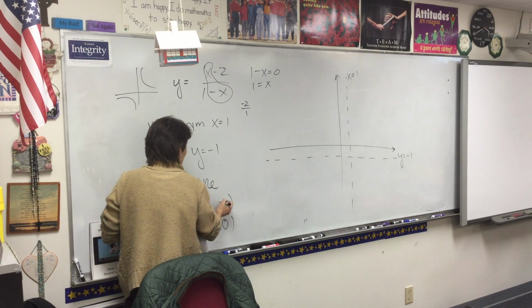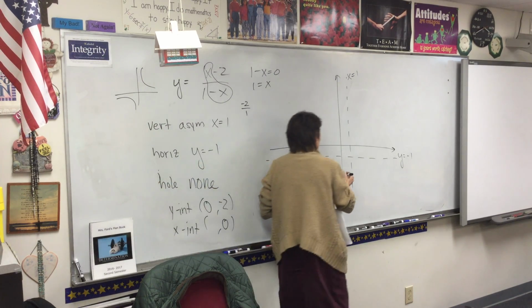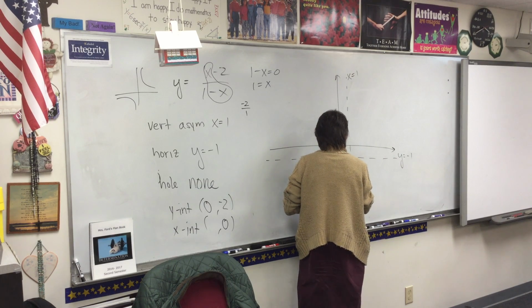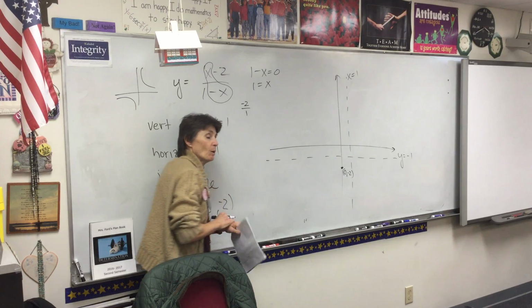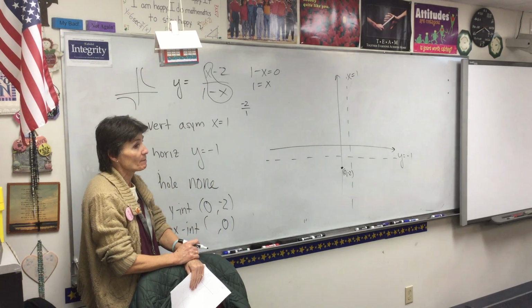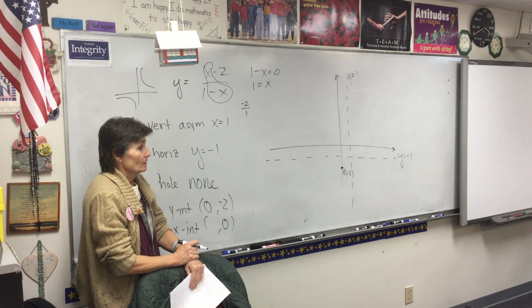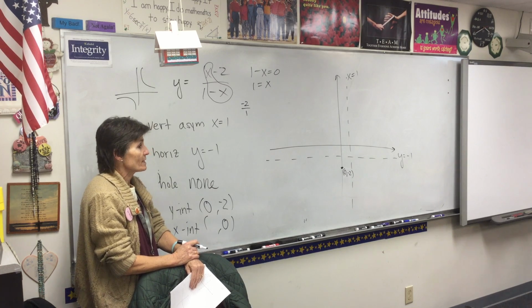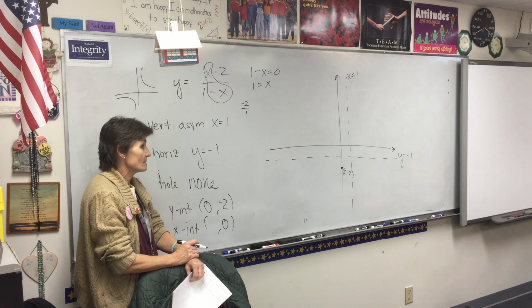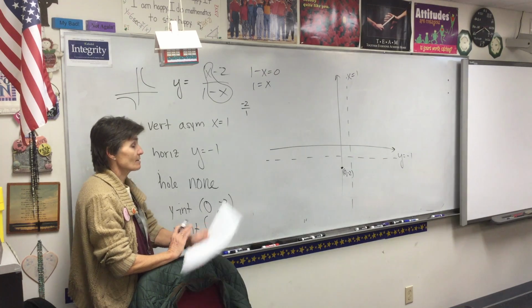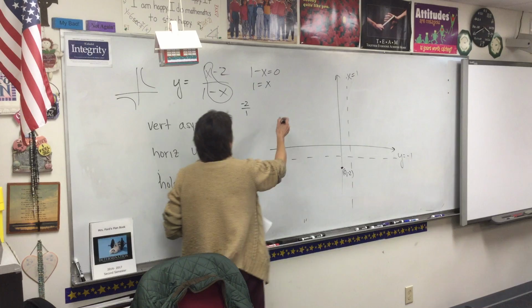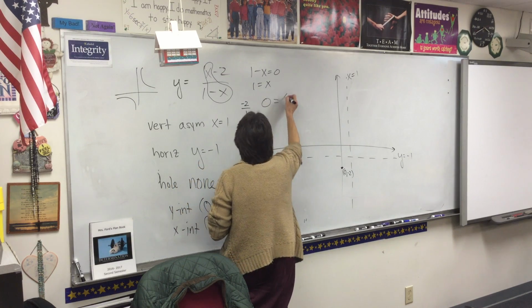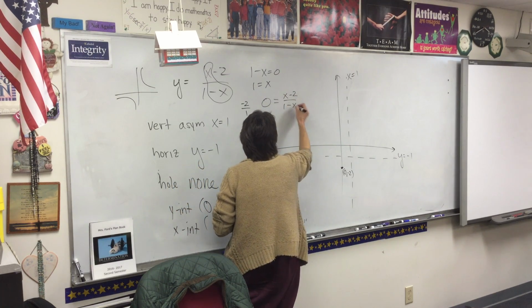So my y-intercept is 0, negative 2. To find the y-intercept, we do what we always do. We let x be 0. I just put in 0 for the x's and figure out what that is.